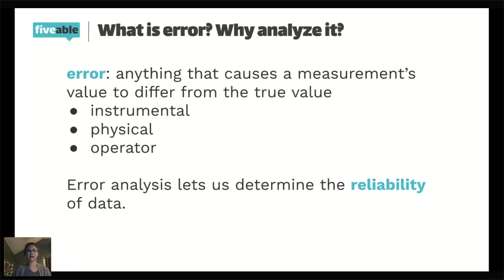During that experiment you're going to be collecting data, and it's important that the data is reliable. Otherwise, you can't really draw good conclusions from it, and that negates the whole purpose of doing the experiment in the first place. So error analysis is very much a big deal.